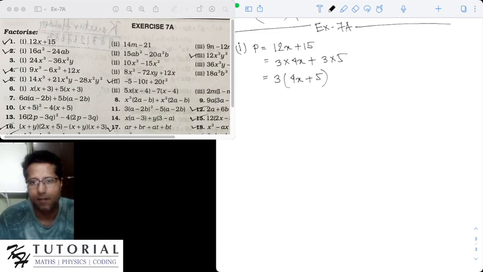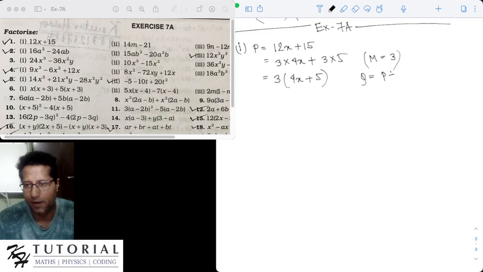If this is p, you can say that the common factor monomial in all the terms is 3, and q will be the polynomial p divided by m, that is p is 12x plus 15 divided by m, which is 3.